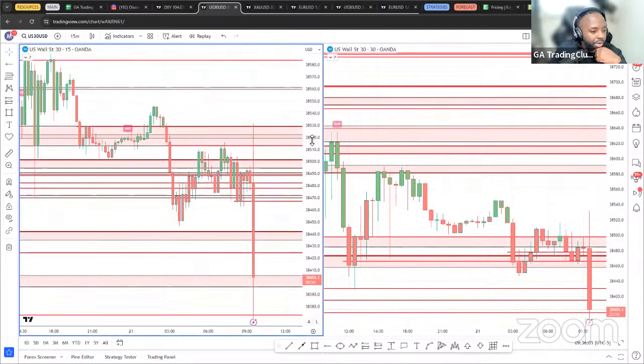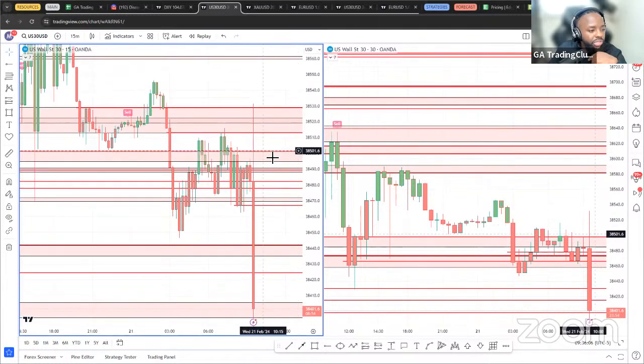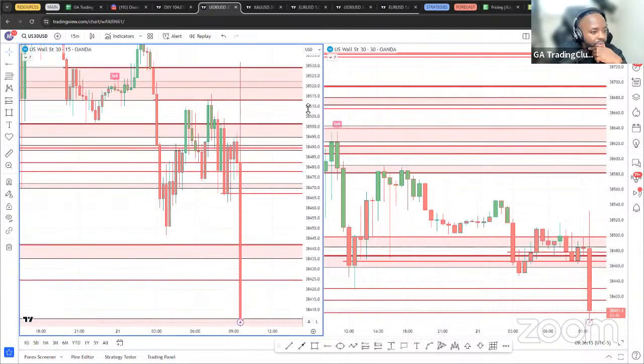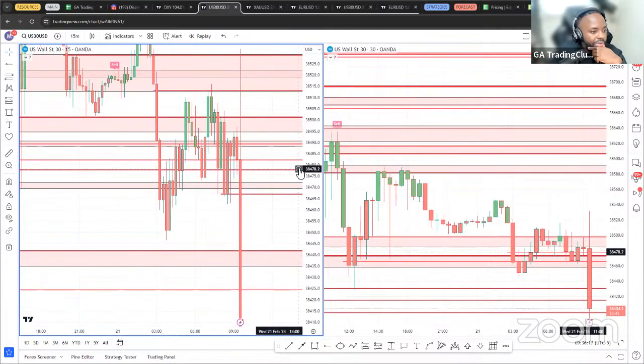So we have that double SAR zone. We have another double SAR zone in there. Give me 1 second. We have too many zones.